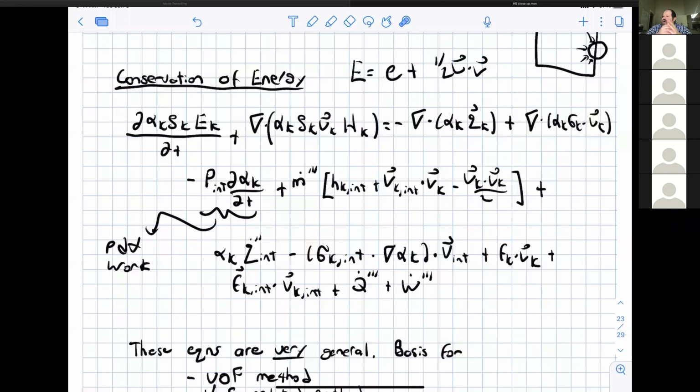And also the numerics of them get very complicated. But that's a completely different class. So are there any questions?